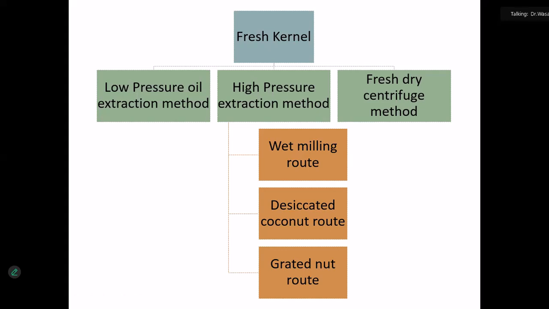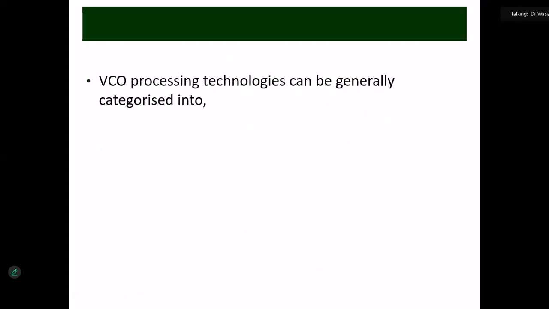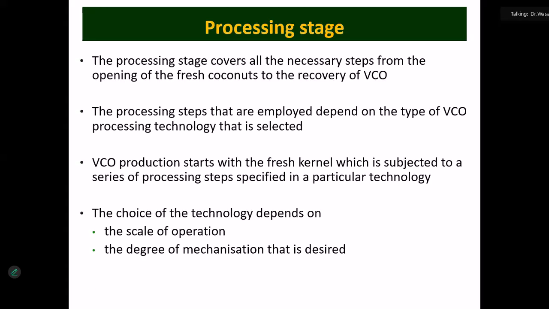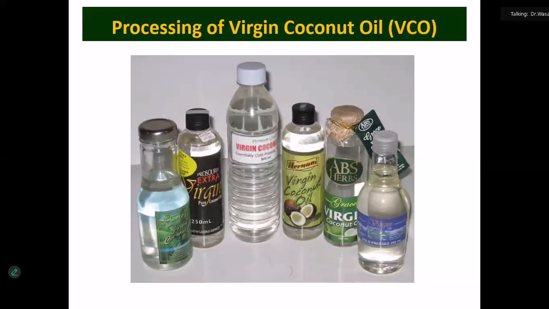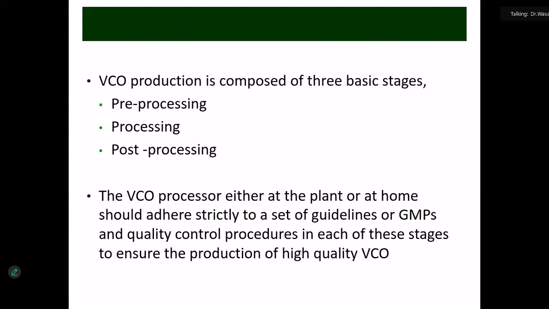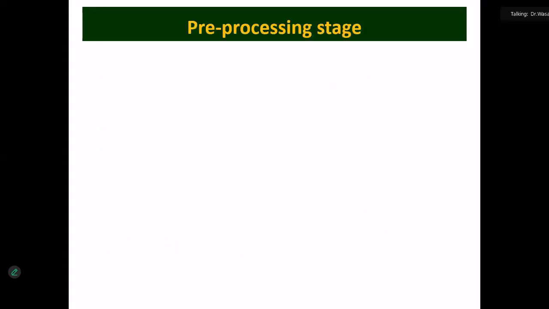Now shall we see what we discussed so far about VCO? Can you remember? We are discussing horizontal VCO. There I discussed it is in 3 steps: pre-processing, processing and post-processing.